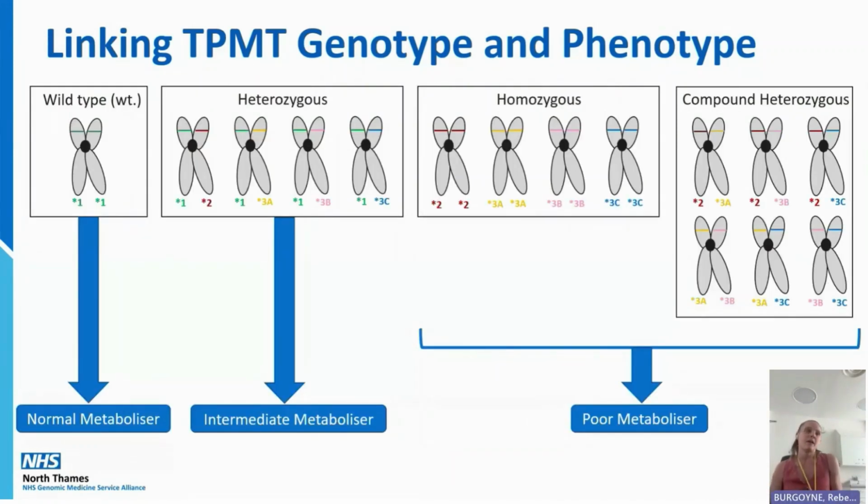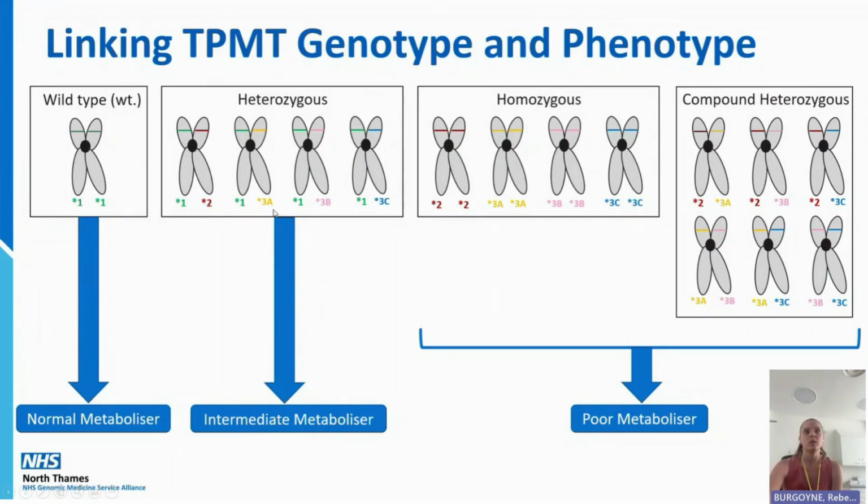So let's have a look at the star alleles. So the wild type allele is referred to as star 1. So patients with 2 star 1 alleles, i.e. 2 wild type alleles, will be normal metabolizers. Patients can then be heterozygous. So this is where they have a star 1, or 1 of the wild type alleles, and then 1 of any of those loss of function variant alleles that we saw on the previous slide.